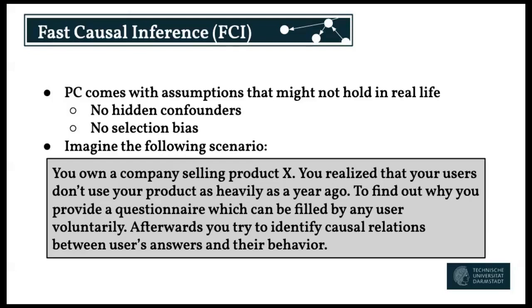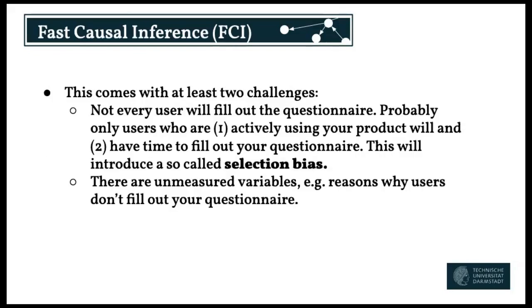And also you have probably some hidden confounders you simply cannot measure. So, for example, why didn't some user fill out a certain question? You have no control over that. So the assumptions of PC would already be violated.